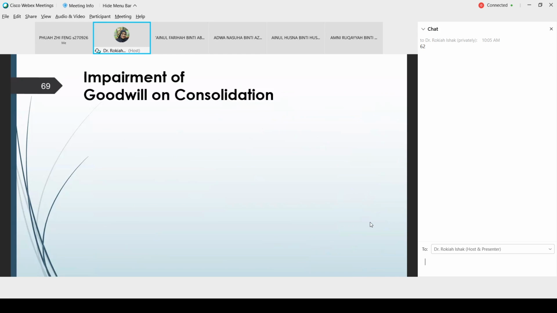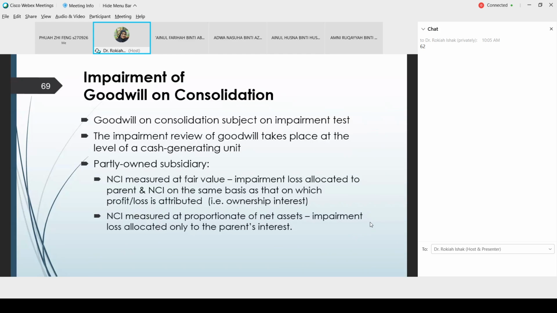Okay, so I proceed with the impairment of goodwill. When you bought a business, in a business combination, you calculate the goodwill. Goodwill is calculated as the difference between the COI, the cost of investment by the parent, plus the NCI, minus the net identifiable assets (NIA).